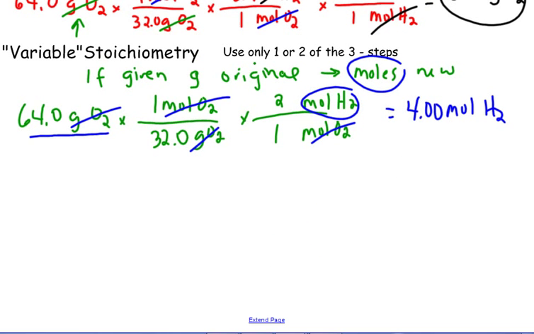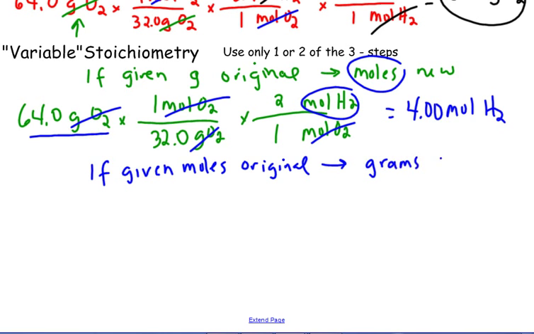But what if you are given moles of the original and I asked you to find grams of the new substance? Okay. Well, in this case, this is effectively like I've done the first fraction for you, because remember the goal of the first fraction is that it converts grams to moles of that original substance.